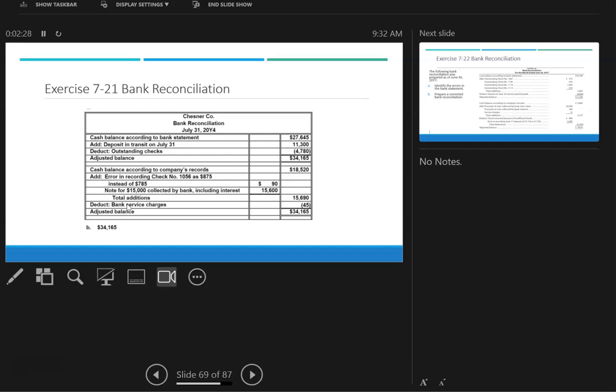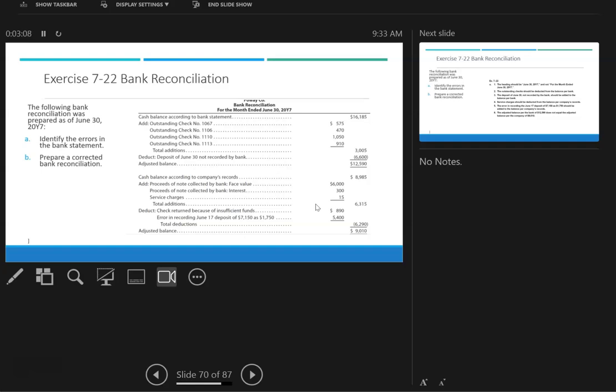So in this case, we see that the true check was $785 and we recorded it as $875, so we need to fix that. And we received a note from the bank that we need to report, and we need to subtract our service charges. Okay, so do you see our adjusted balances of $34,165 total? Aren't we good there?